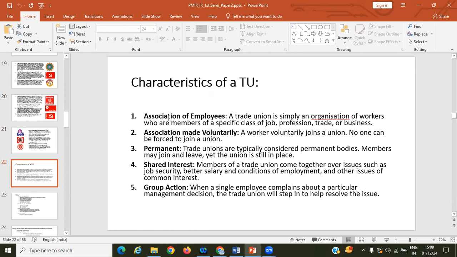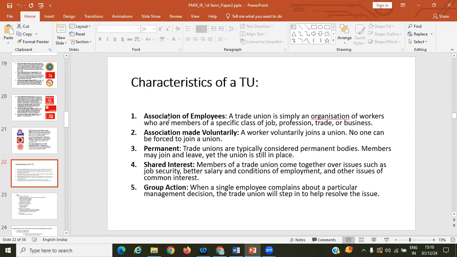Sometimes, irrespective of any industry or skills, you can form a union, and everyone will be there. The purpose of that union is helping the team members. So the first characteristic is association of employees. Next, association made voluntary.